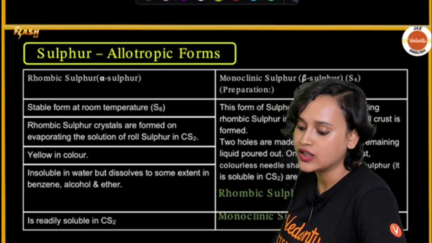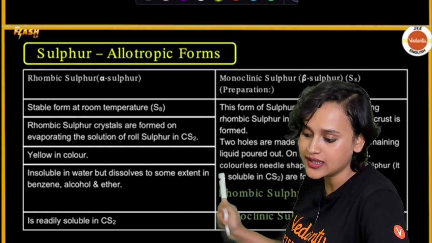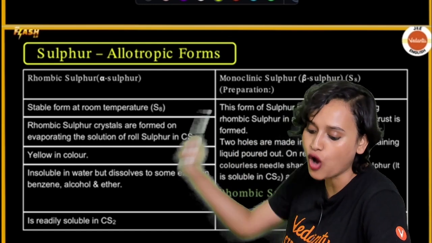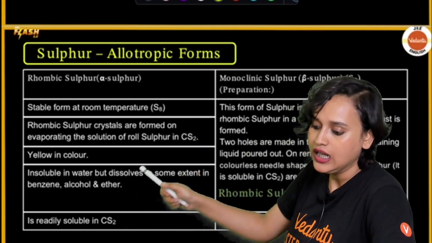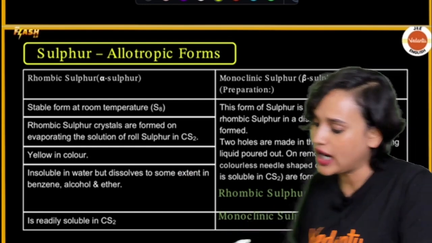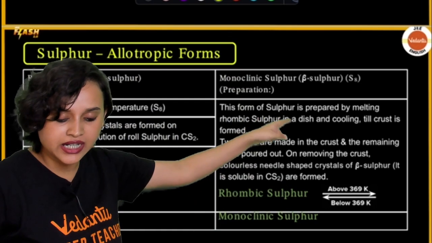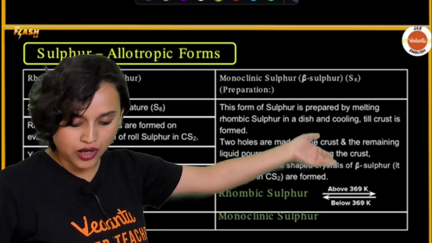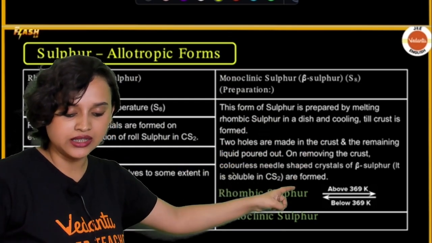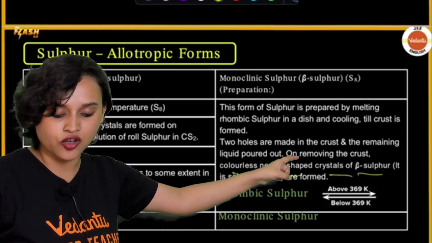Beta sulfur is prepared from the rhombic sulfur, that is the alpha sulfur, by melting in a dish and cooling till a crust is formed. Two holes are made in the crust and the remaining liquid is poured out. On removing the crust, you get the colorless needle shaped crystals of beta sulfur.